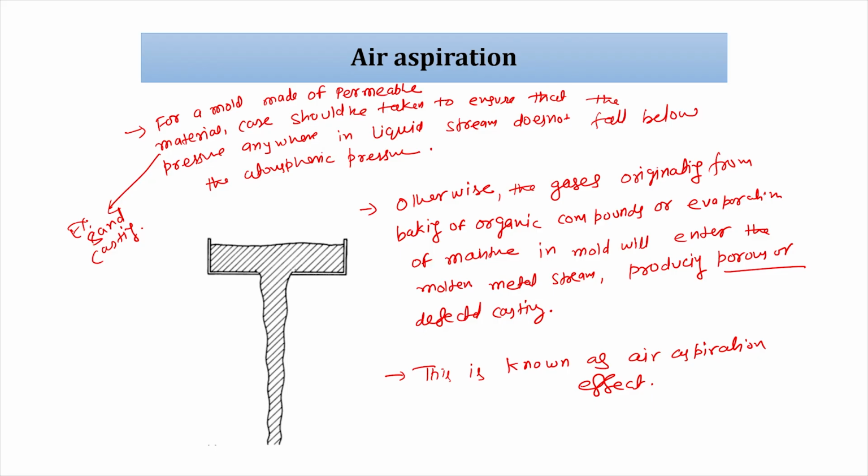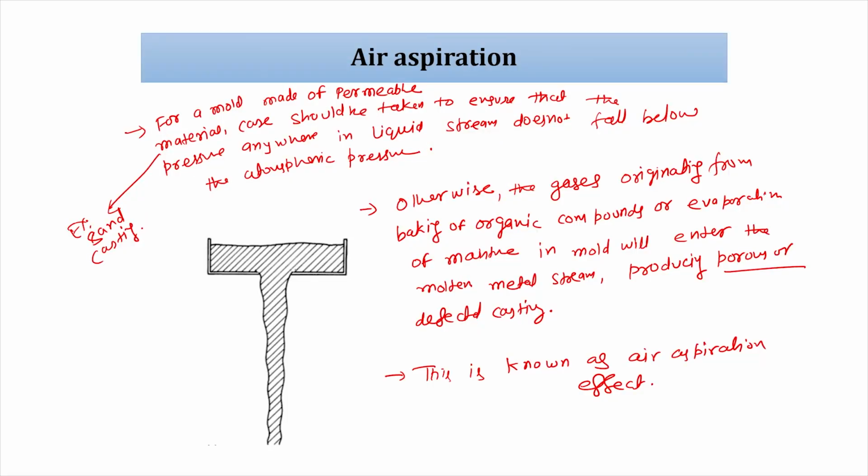But if your pressure is less, the gases will come into the molten metal. If pressure is more than atmospheric pressure, they will go out of the mold, and outside, permeability will play the role. If pressure in the molten metal is less, the gases will be attracted into the molten metal, simple. If the molten metal attracts that gas, it will produce a porous and defective casting. This is known as the gas or air aspiration effect.